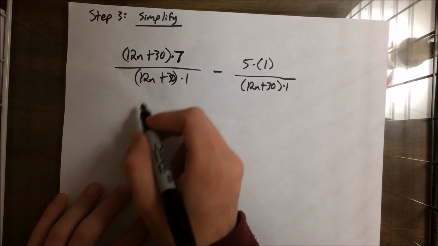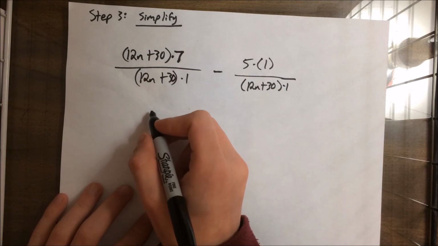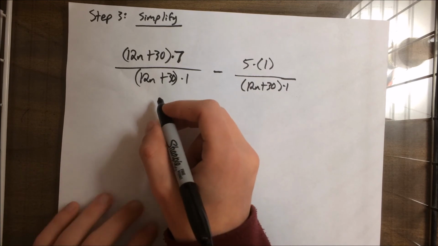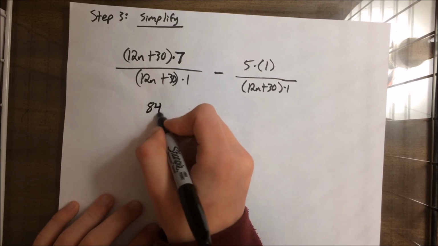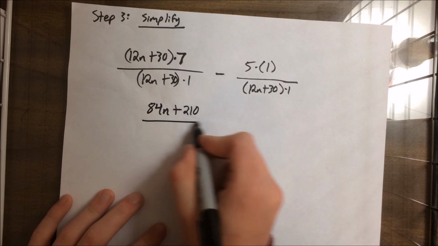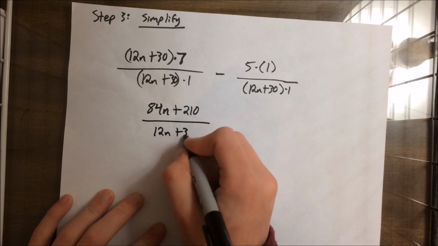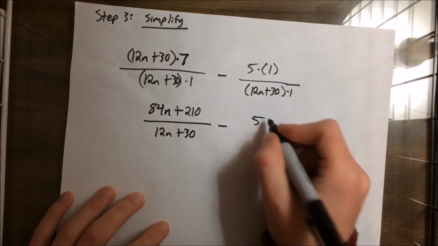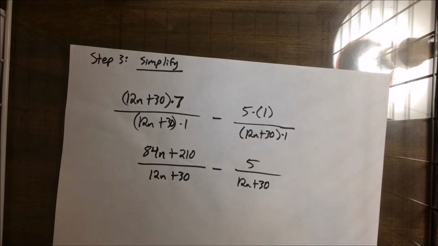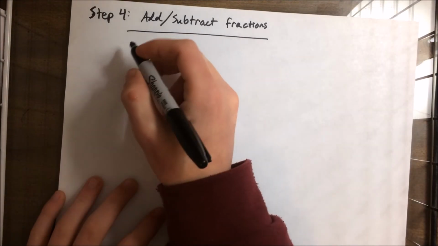Okay, so we get 84n plus 210 over 12n plus 30, minus 5 over 12n plus 30. So now we're ready to add or subtract the two fractions.